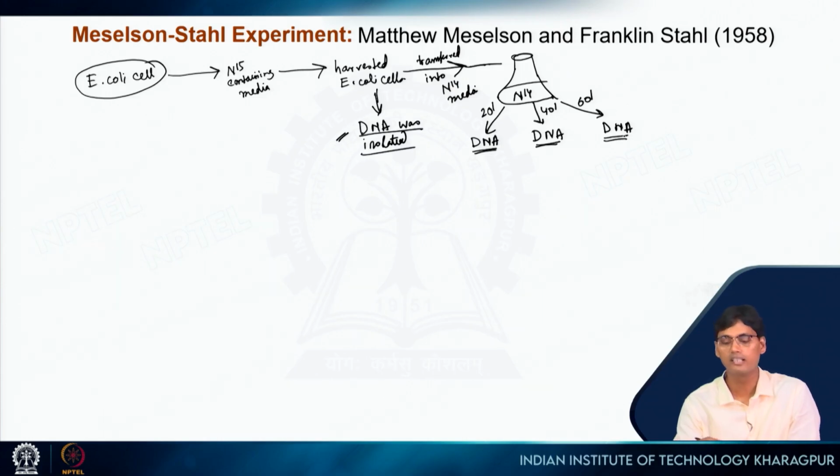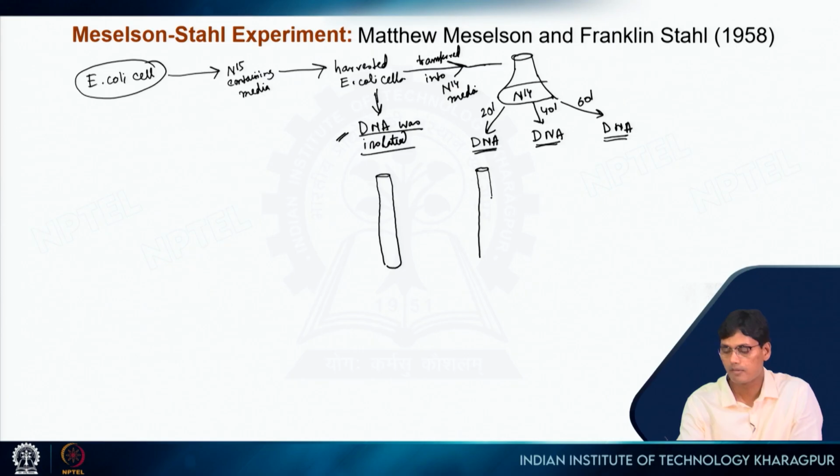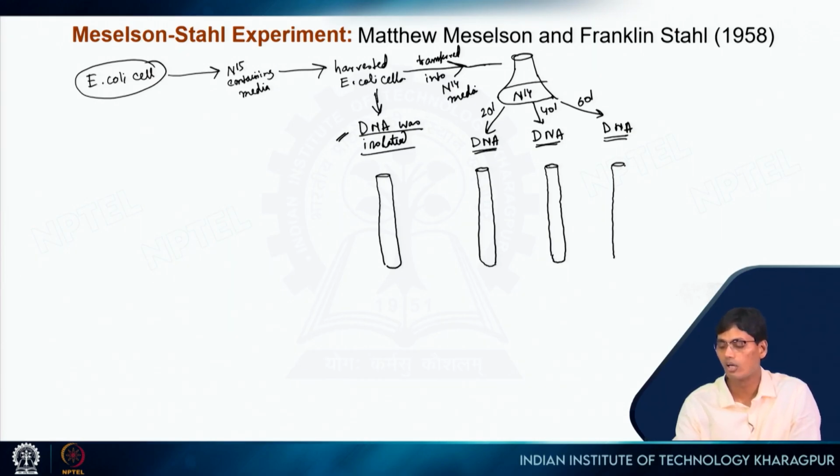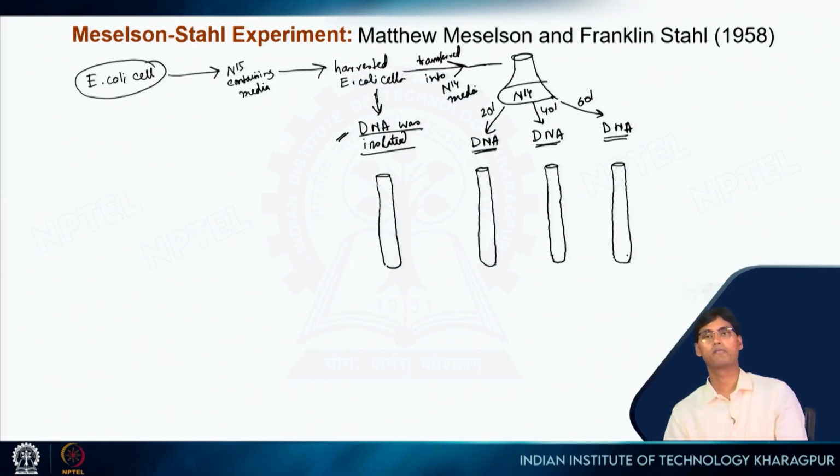So here I am just drawing 4 similar tubes. They are not looking exactly similar, but you just imagine that they are exactly the same tube, and all of them contain cesium chloride.